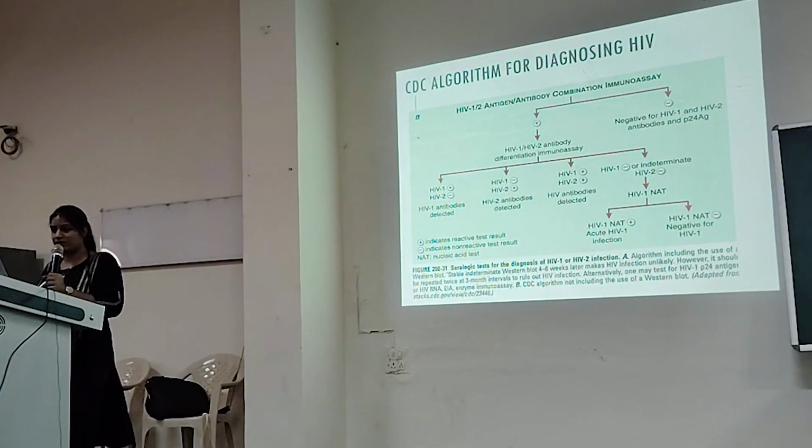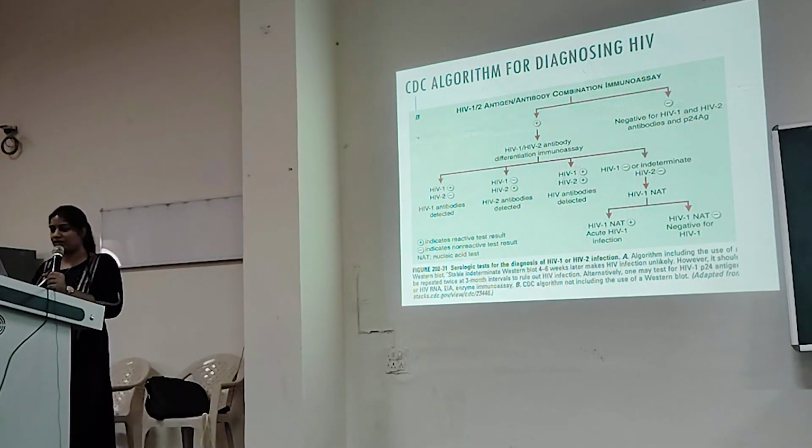The Centers for Disease Control, CDC. In the newer CDC algorithm, they won't include Western blot. They will directly do the HIV 1/2 antigen antibody combination immunoassay. If it is negative, the patient is HIV negative.